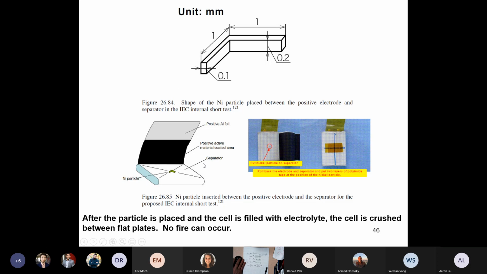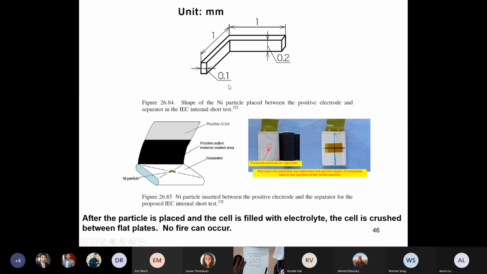So you have a pouch cell and you unroll the outer wrap and you put this nickel particle, which has a particular shape in millimeters, on top of the separator, and then you close up the pouch again, and then you fill it with electrolyte and you do the formation, and then you crush the cell between flat plates, and that will create an internal short, and you can't have fire or flame.